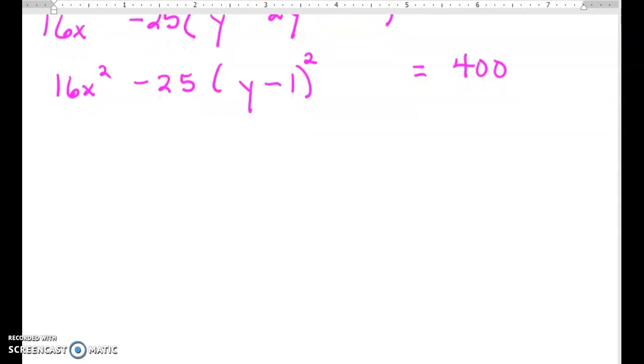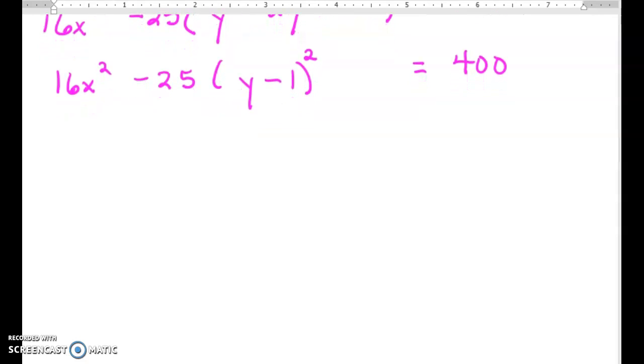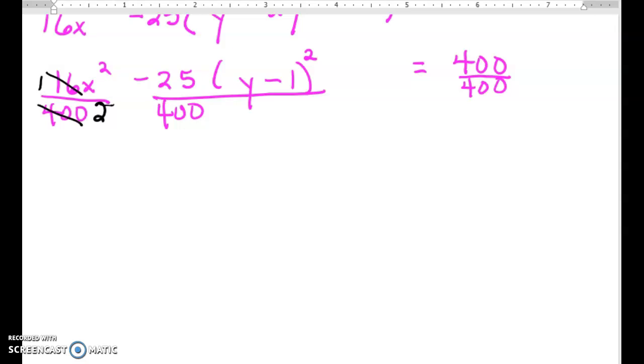We'll divide everything by 400 because we know ellipses and hyperbolas in standard form are always equal to 1. So divide by 400. 16 goes into 16 once. 16 goes into 400 25 times. So we end up with x squared over 25.